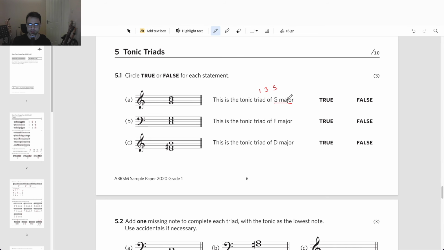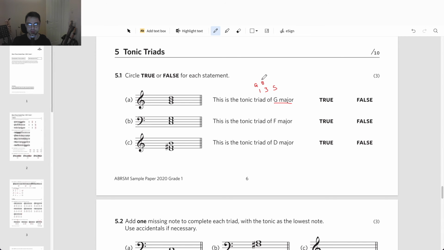What are those notes in the key of G major? Well, we know the first note in the key of G major is G. It's in the name. It's where the scale starts. And now we just count G, A, B. 1, 2, 3. So the third note is B. And what is the fifth note in the G major scale?